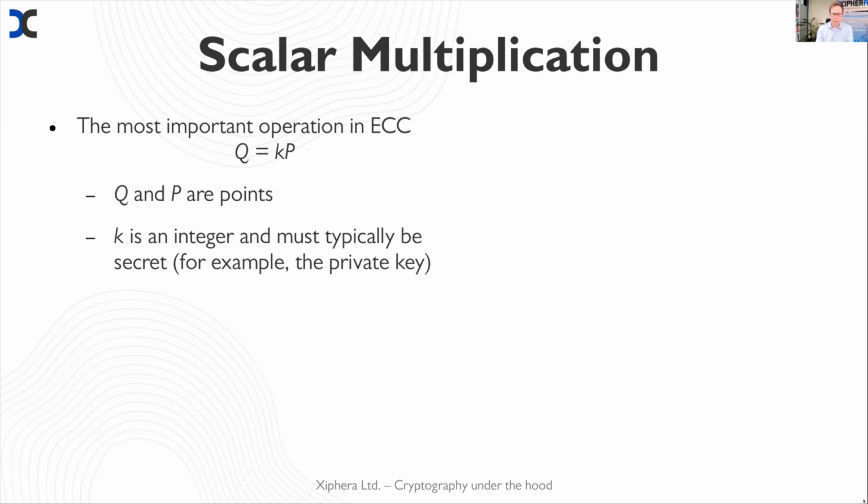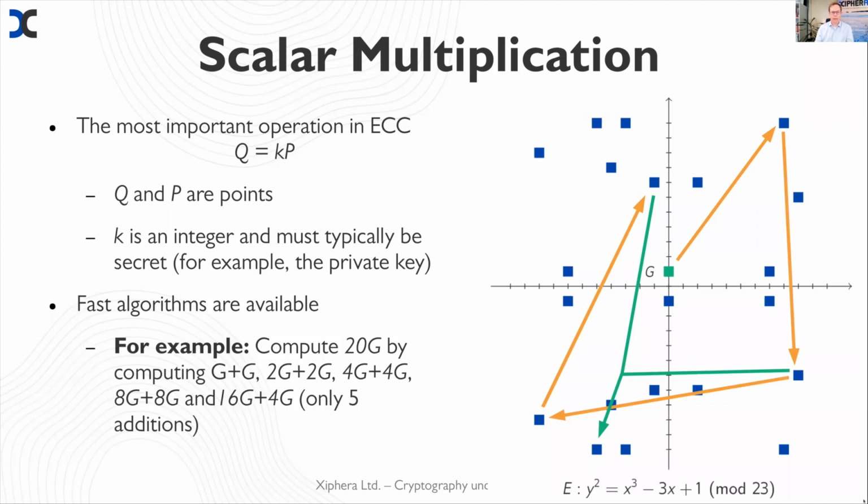In the previous slide, G was always added to the previous point K times, but actually much faster algorithms are available if K is known. So let's say we have to compute 20 times G. So what we can do is we begin similarly, so we compute G plus G to get 2G, but then we don't compute 3G, but we compute 2G plus 2G to get 4G, then 8G, 16G.